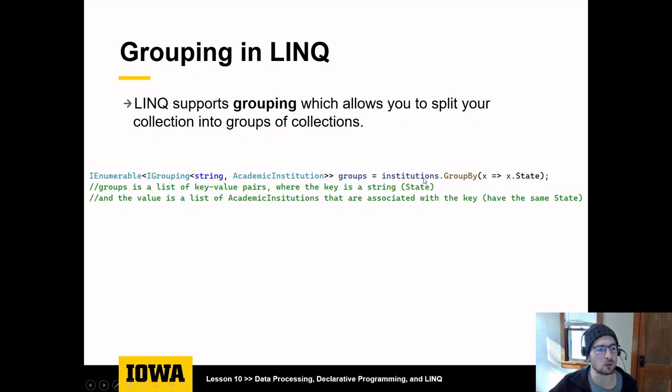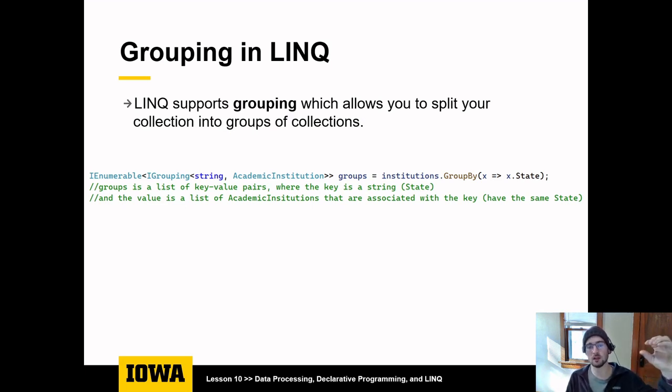So let's look at the GroupBy here. We're saying our variable groups is equal to institutions.GroupBy, and then we're selecting the criteria we want to partition our list by. So we're saying we want to group our list by state. What we get back from that is a list of key value pairs where our key is what we partition by.